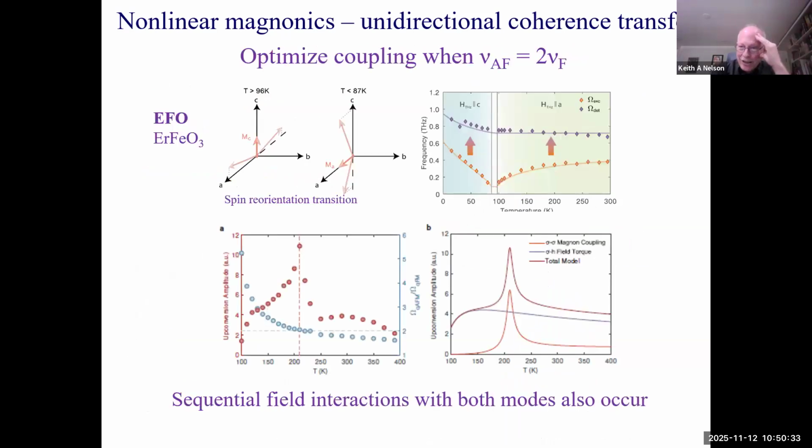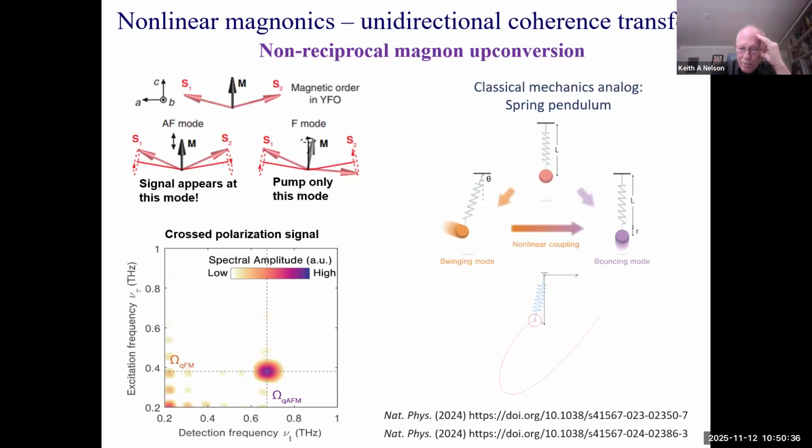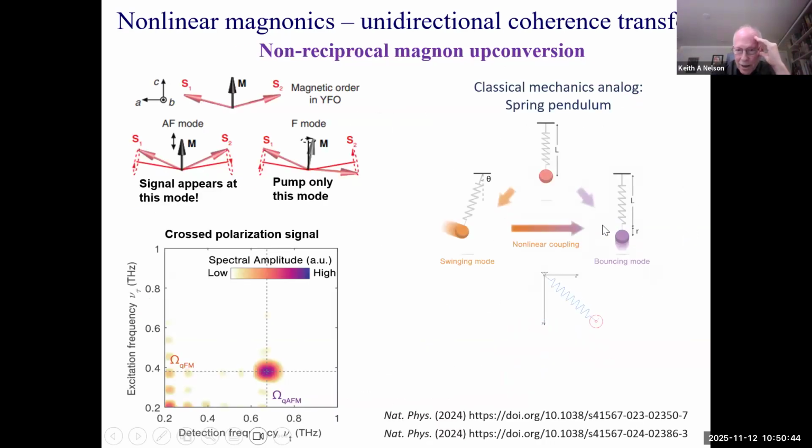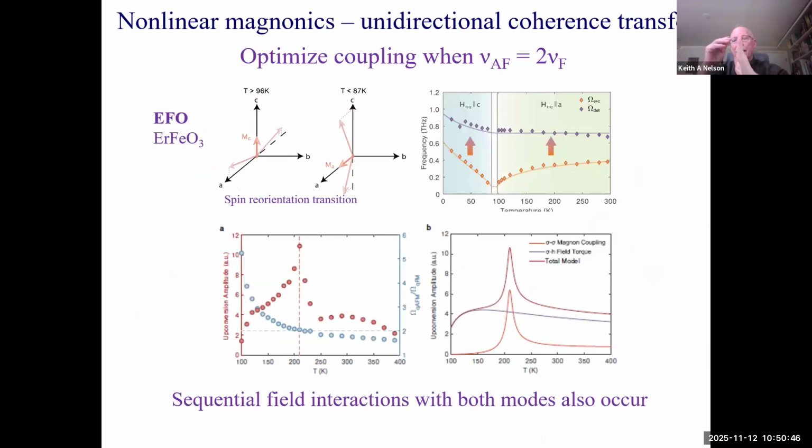It turns out there actually is another mechanism that can produce this same off-diagonal peak, and it's the following. When I have a first field interaction, so I'm driving the system with two pulses in this direction, and I'm driving it nonlinearly, the first field interaction starts the precession going.